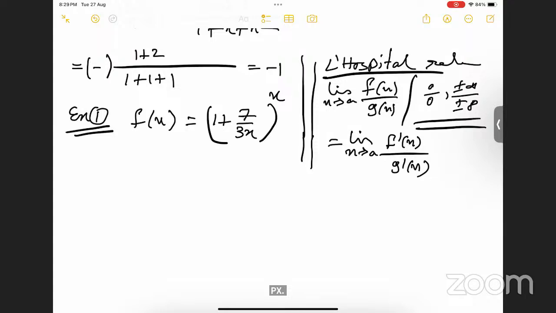This is your function. You have to calculate the limit as x tends to infinity. Take your time, 2 to 3 minutes maximum. Try to solve it.